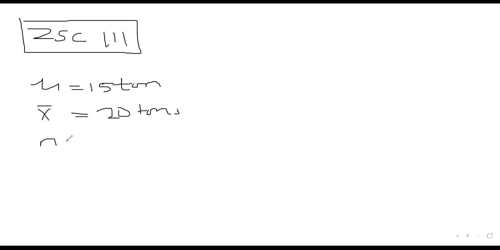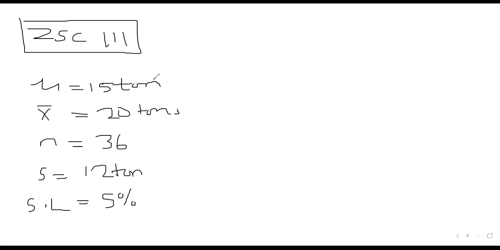From how many plots? Maybe you're using 36 plots, and your standard deviation maybe 12 tons, and the level of significance is 5%. You're going to be asked to state whether it is significant enough to use ordinary maize or to use this new brand.